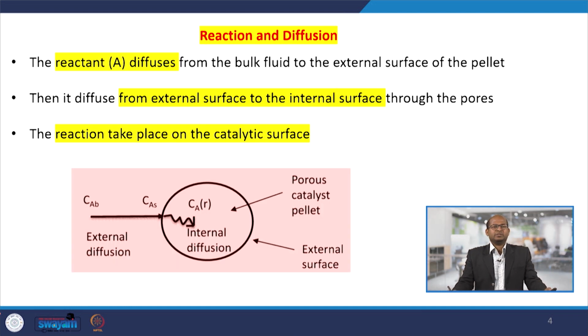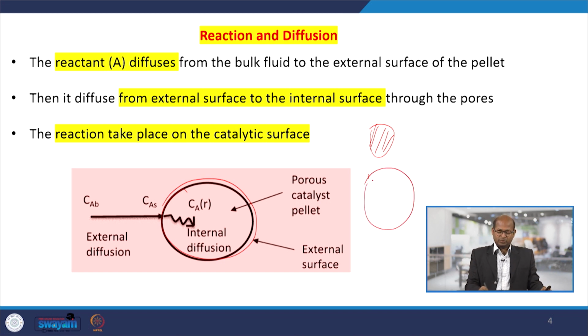Here you can see a spherical particle, a spherical catalyst surface that we have considered. Inside the catalyst, I said there are so many pores available. These are called micropores, mesopores, depending upon the dimensions of the pore size, and we can classify them, but that we will discuss later.